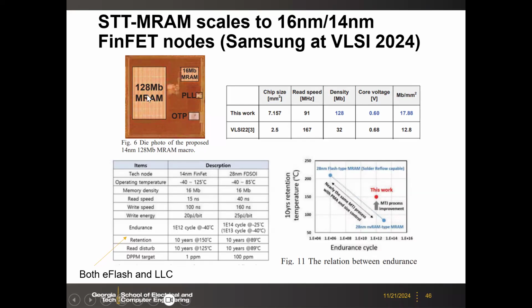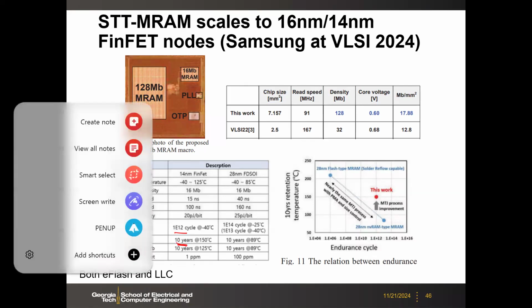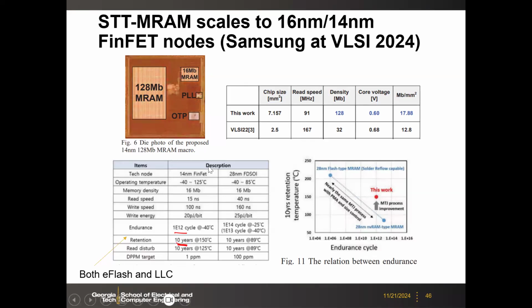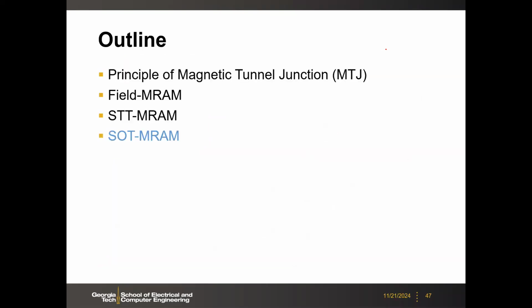In this particular design, you see the endurance is 1E12 and the retention is also 10 years. This is my first time seeing good endurance and good retention reported simultaneously by a single design, from this Samsung paper at ISSCC '24. It's amazing to me.